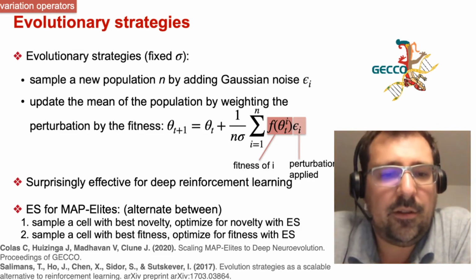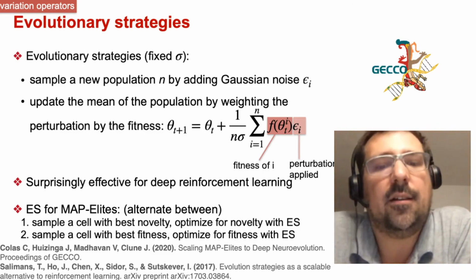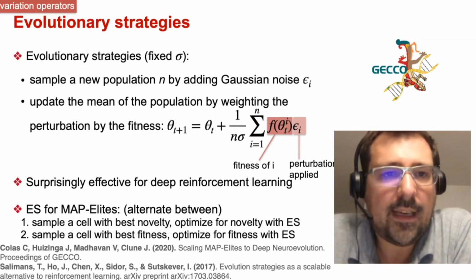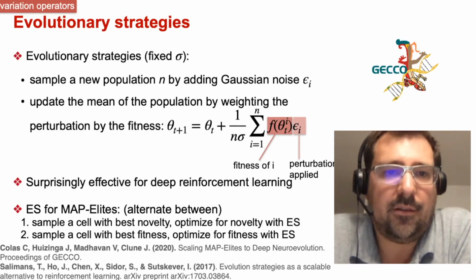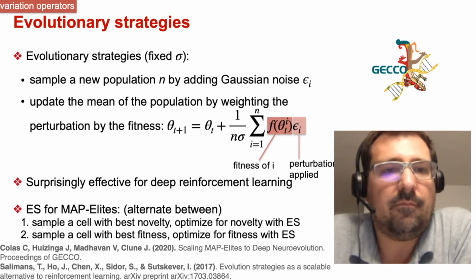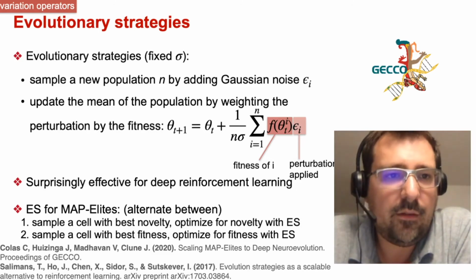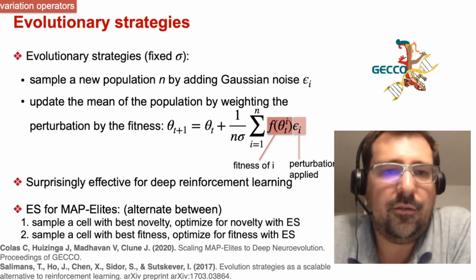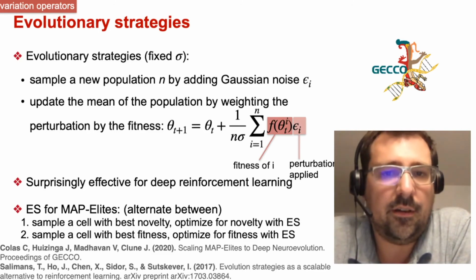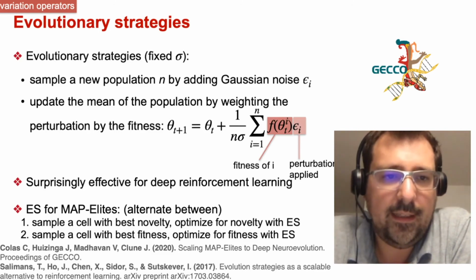Another recent contribution that is also published in this Gecko 2020 is to take a direct inspiration from evolutionary strategies. So in the simplest version of evolutionary strategies, at every generation, you sample a new population by adding a Gaussian noise around a mean.